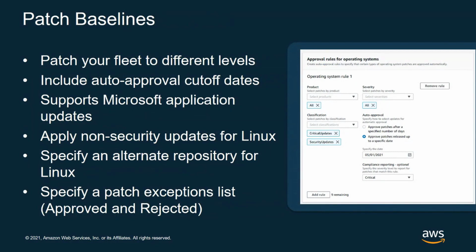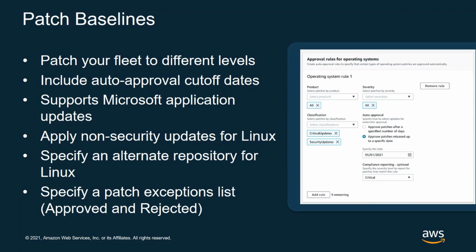To go into the patch baselines a little bit further, again, they are used to define the criteria for the type of updates that you want to scan or install for during patching operations. Patch baselines are operating system specific, but you can always create multiple baselines for the same operating system type. And the reason that you may want to is to create different patch baselines for subsets of resources that require different sets of updates compared to others.